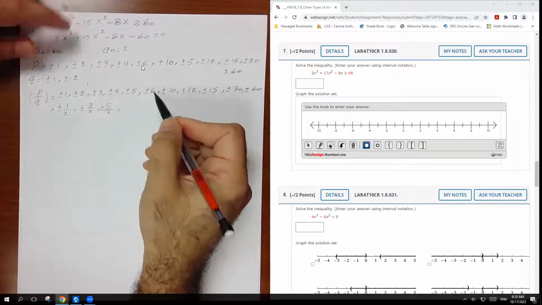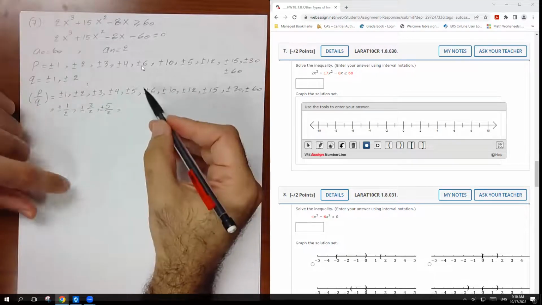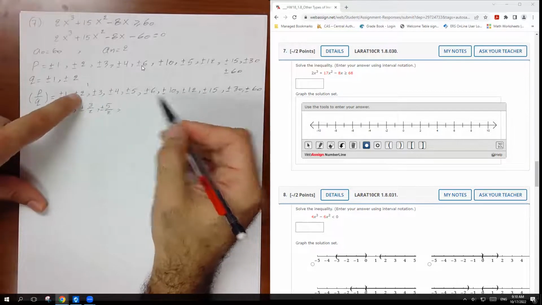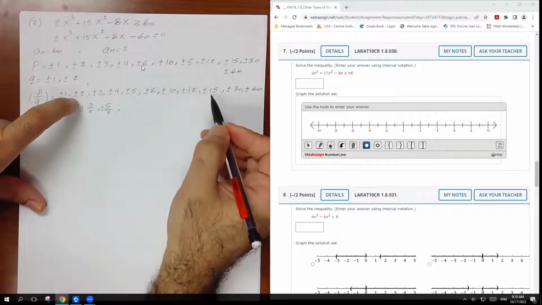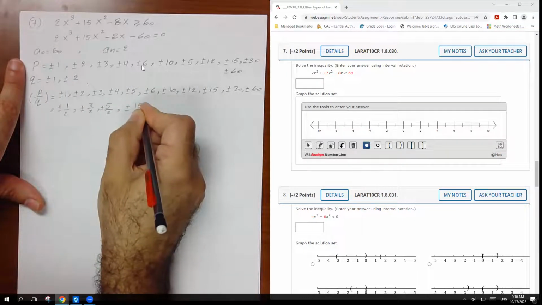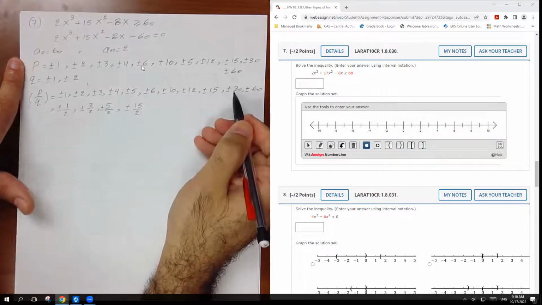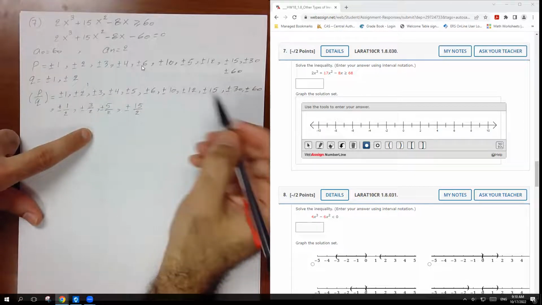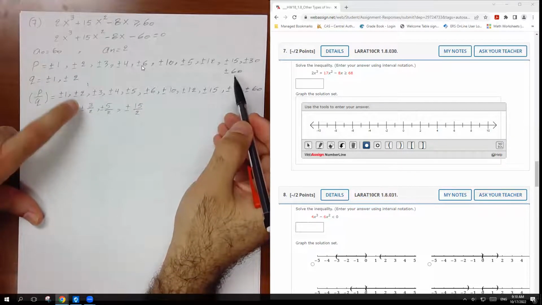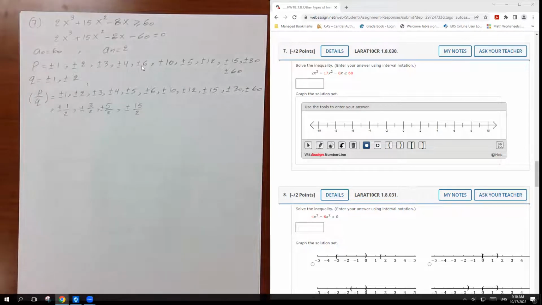And 6 is going to be 3, 10 is going to be 5. 12 is going to be 6, because 12 divided by 2 is 6. 15 divided by 2, so plus or minus 15 divided by 2. And 30 divided by 2 is going to be 15. And 60 divided by 2 is going to be 30. So that's it. These are all the possible zeros.